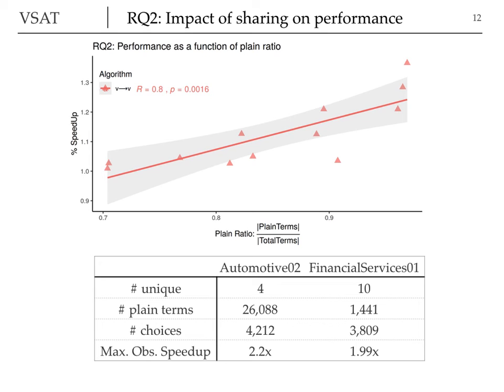So we directly measured this by combining both of the data sets and normalizing the speed up and the plain ratio, and we find that it does indeed correlate. So this means that any way to increase the number of plain terms in a formula is likely to have observable speed ups when we actually run the solver. So it's highly valuable to increase the plain terms in the formula.